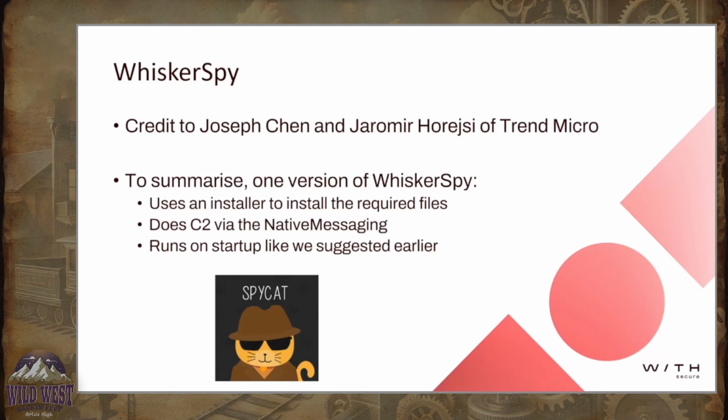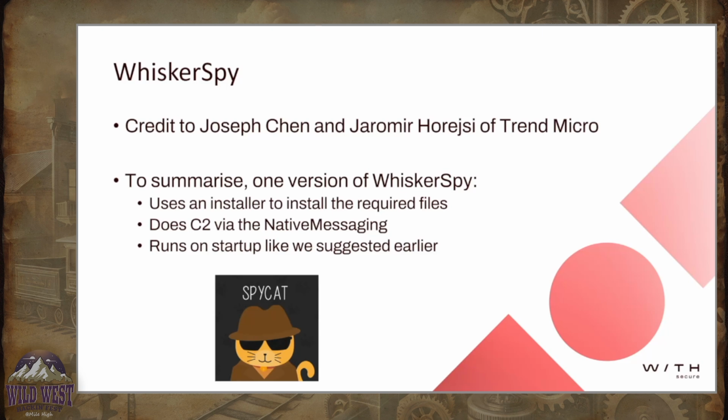This is WithSecure, and all credit to Joseph Chen and Jaromir Horejsi, apologies if I've mispronounced that, of Trend Micro. Great blog post. I won't go through the whole thing, but I'll summarize one bit that's relevant here. One version of the malware used an MSI file, an installer, to install the required manifests and registry keys. It then did C2 via the native messaging, which is kind of cool because from a process telemetry point of view, it's less obviously bad.